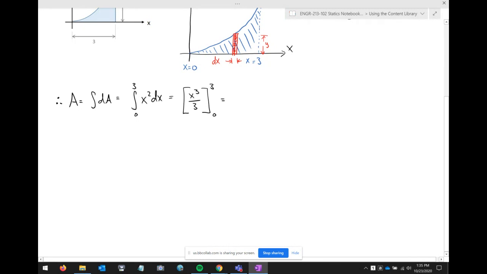You plug in the top number minus you plug in the bottom number. So I'm going to factor out the 1/3 because I'm lazy. So 3 cubed minus 0 cubed, over 3. 3 to the third is 3 times 3 is 9 times 3 is 27. Minus 0 is 27. 27 over 3, the area equals 9. Okay, before I move on, everybody okay with that?